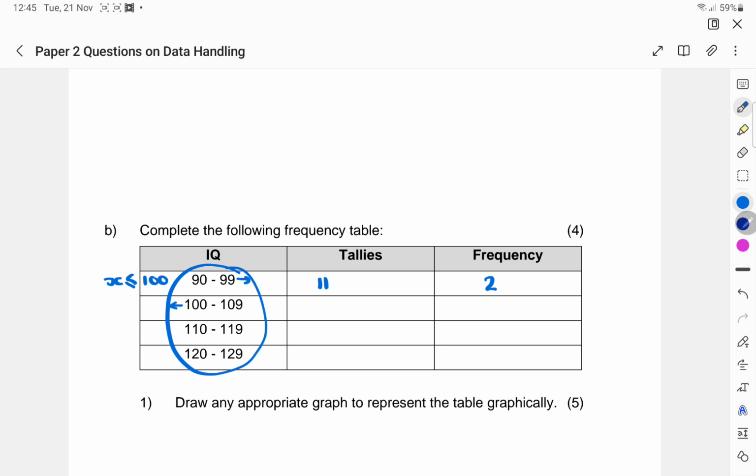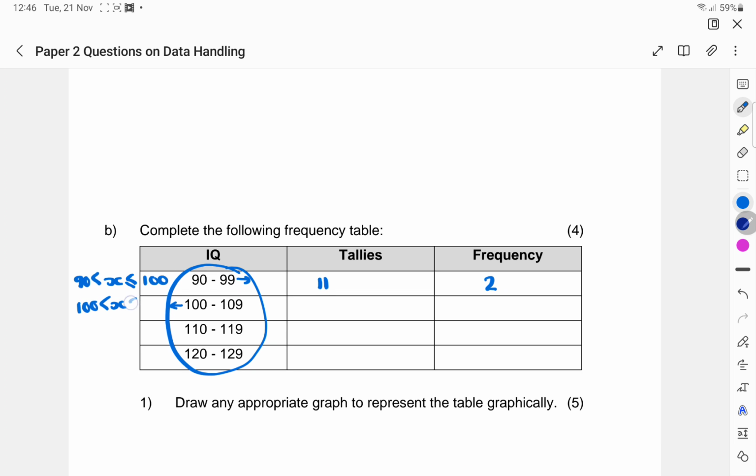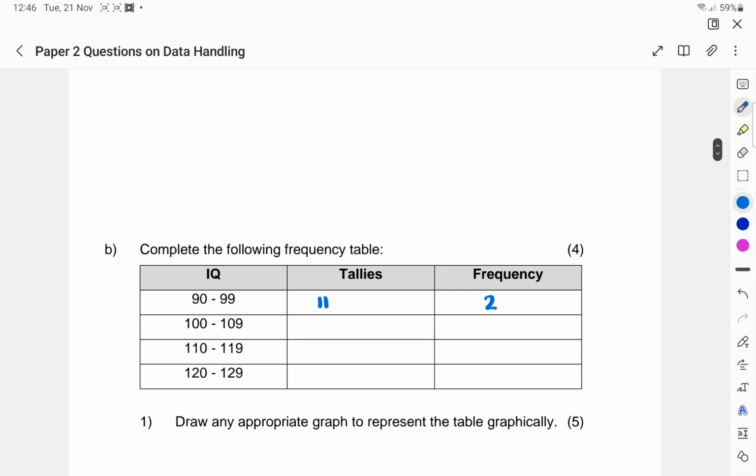If you write it in set builder notation, then you exclude that part that is missing. So it ranges from 90 up to, not including, 100, and then 100, not including 110. But let's just leave it the way it was. If a teacher's watching, I know that there's one part missing there. I just try to keep it simple with the grade 8s, but I know later on it changes.